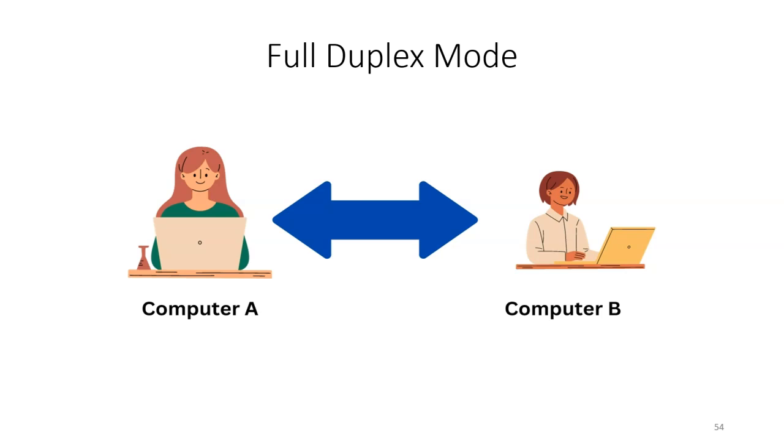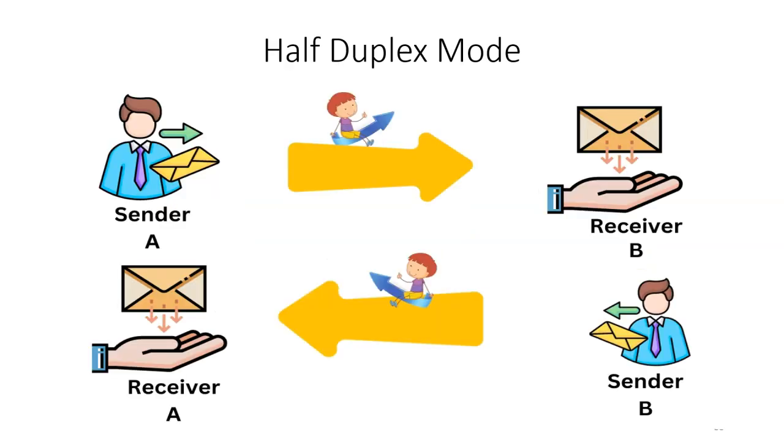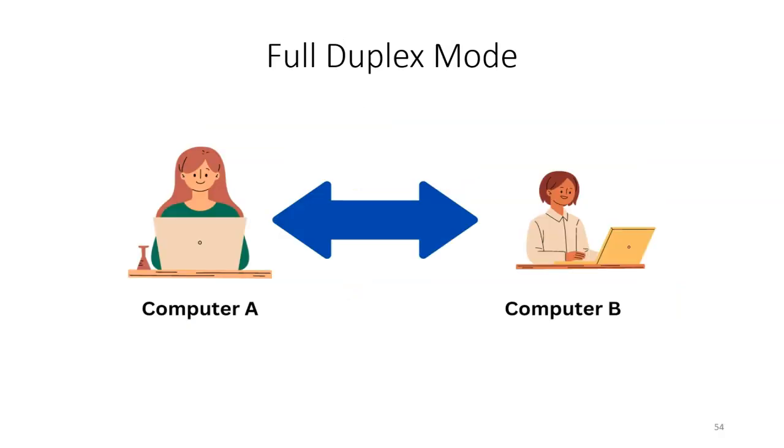Half duplex mode is bidirectional or two-way communication, but not at the same time. Full duplex mode is also bidirectional or two-way communication at the same time. That is the concept of half duplex and full duplex mode.